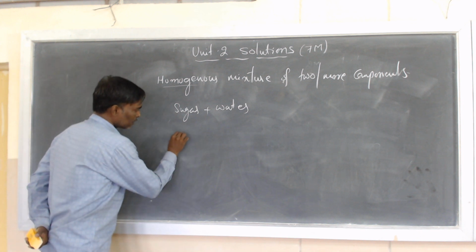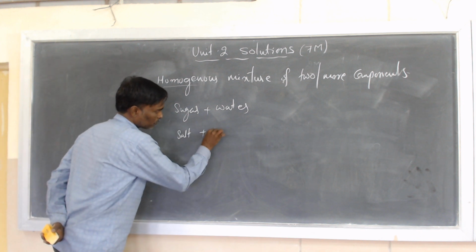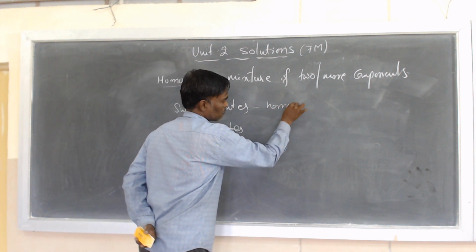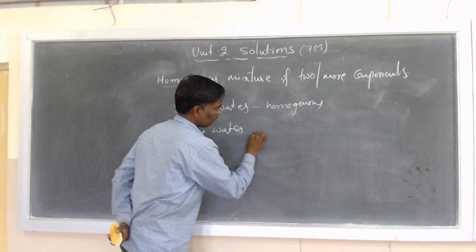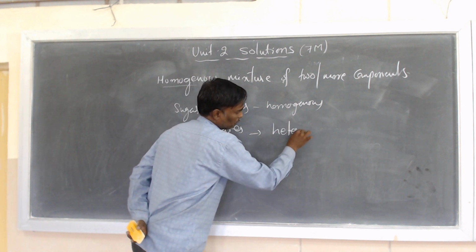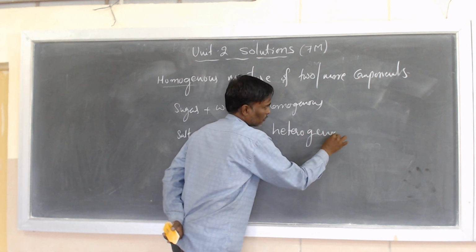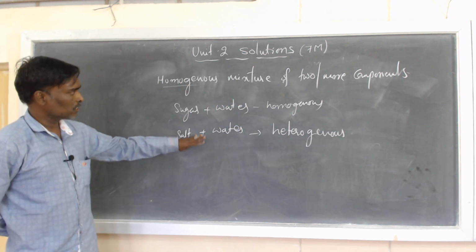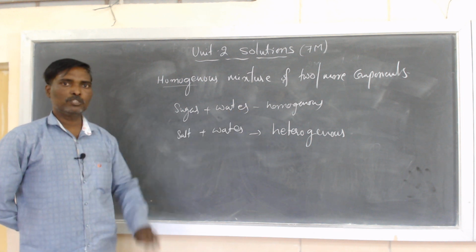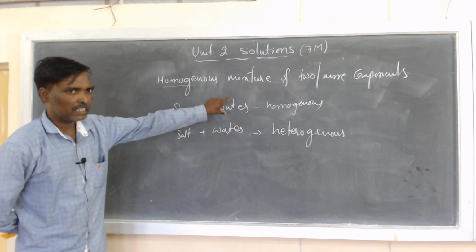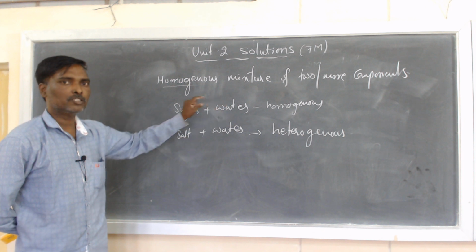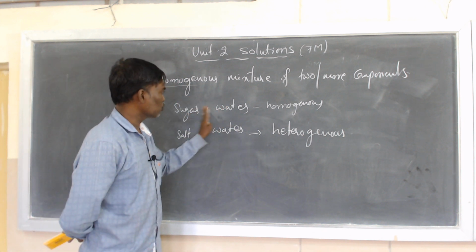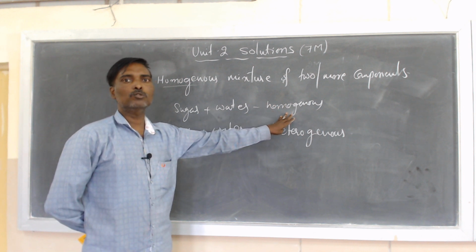And salt in water we call a heterogeneous mixture. Sugar in water is homogeneous because sugar is completely miscible in water. You cannot find the sugar particles in water when we mix them, which forms a homogeneous solution.